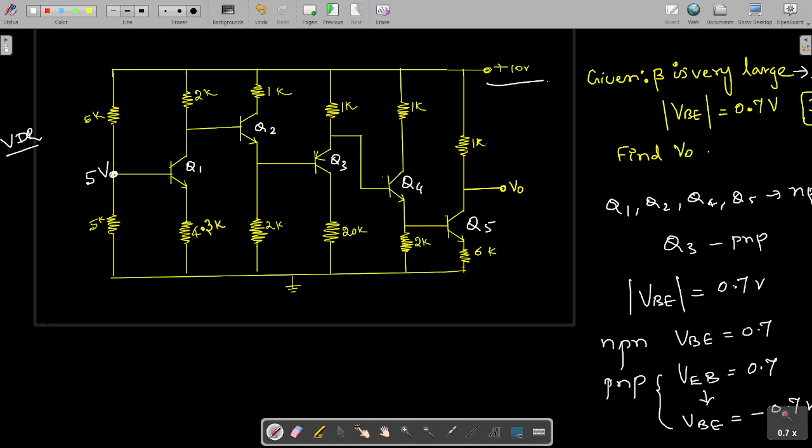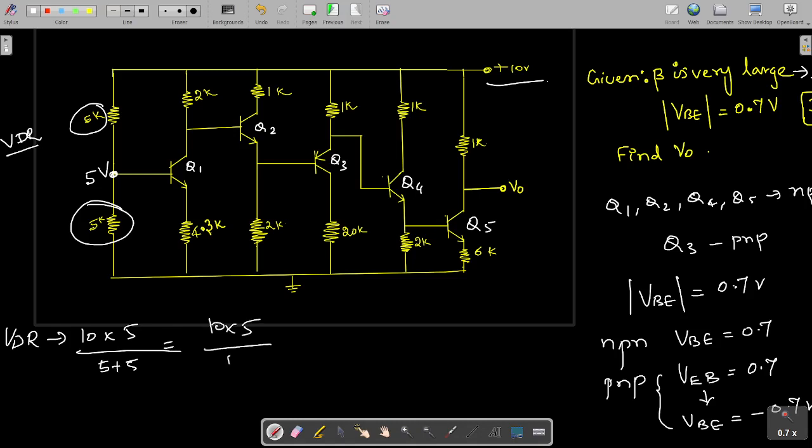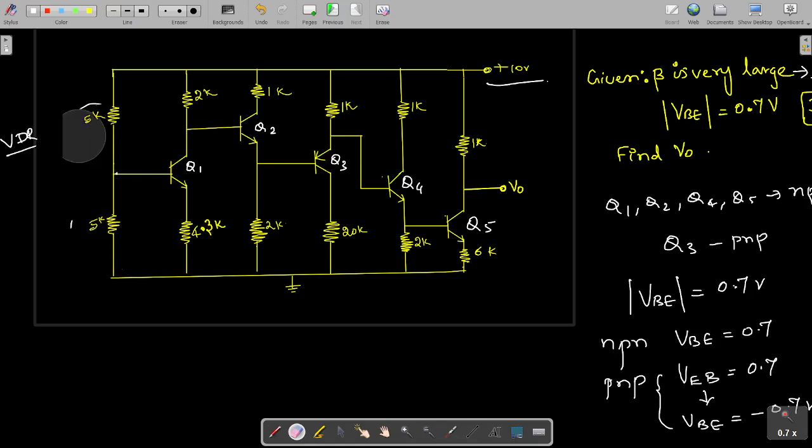Otherwise, we can use the voltage divider rule: the supply multiplied by the resistance of this particular branch divided by the total resistance, 5 plus 5. So 10 into 5 divided by 10 gives 5 volts. That's why I told you that 5 volts will be appearing here.